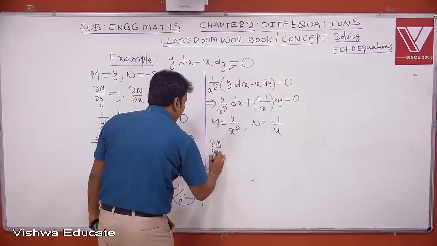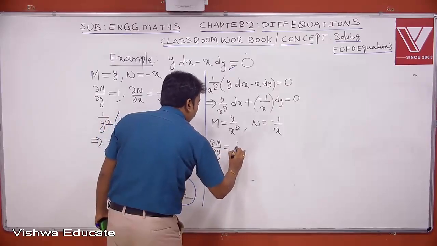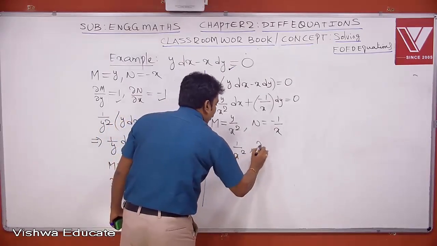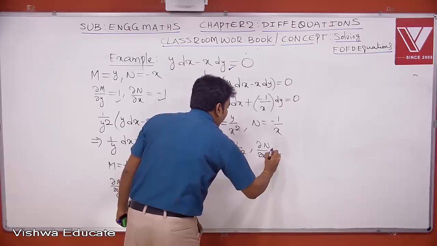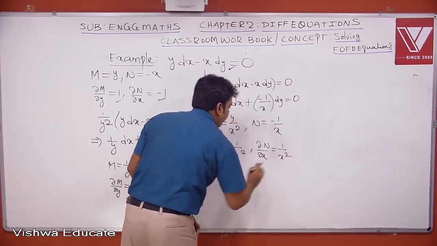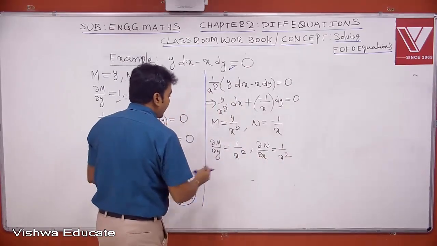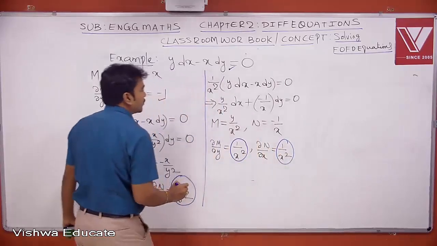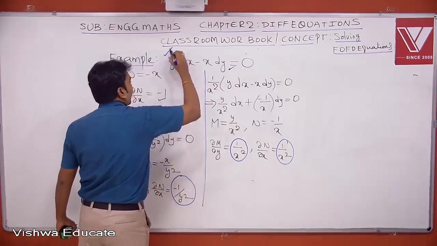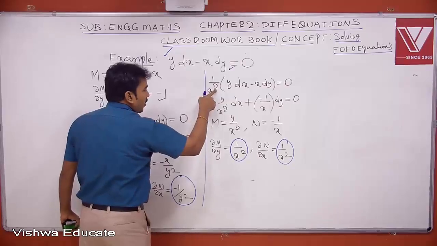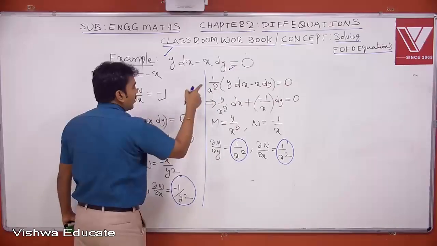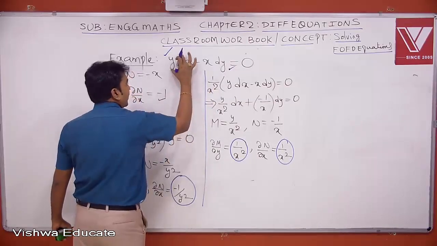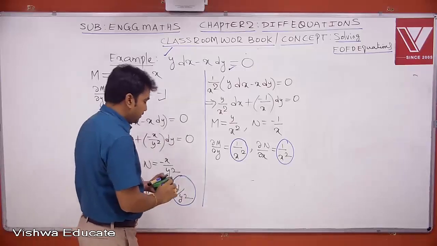Now in this case, dou m by dou y equals 1 by x square, and dou n by dou x equals again 1 by x square. Interestingly, both quantities are the same. Therefore, this became exact even when multiplied with 1 by x square. So this is another integrating factor of this equation.